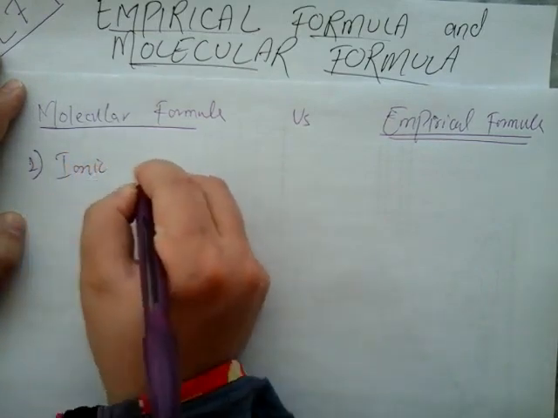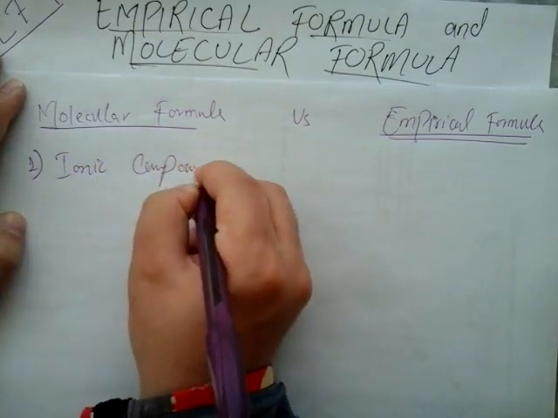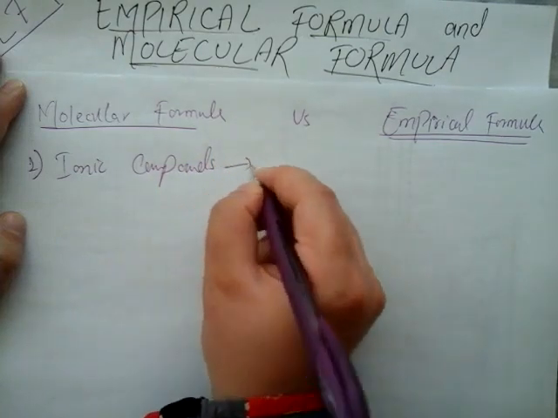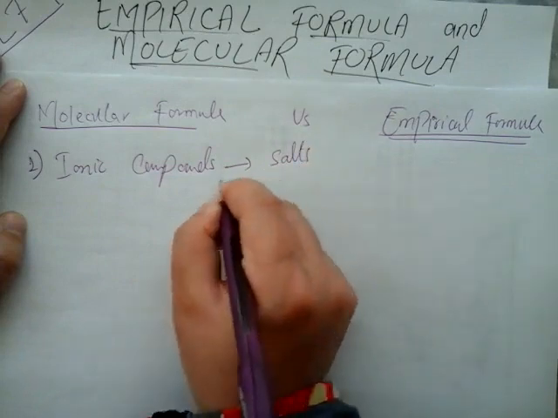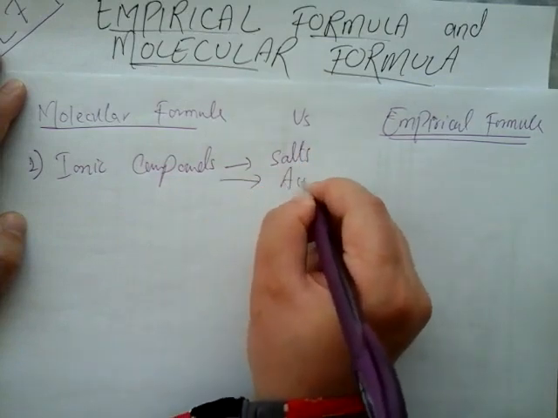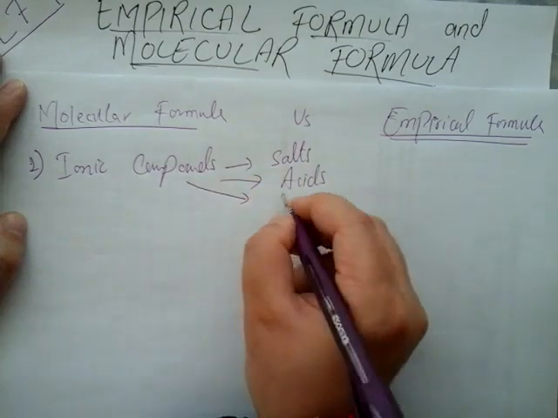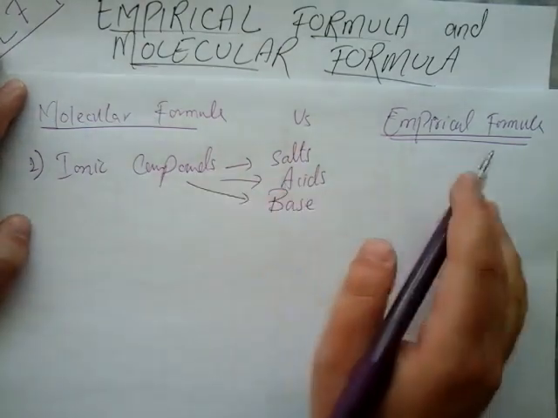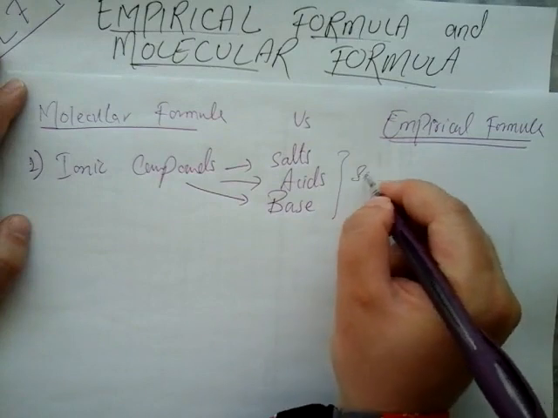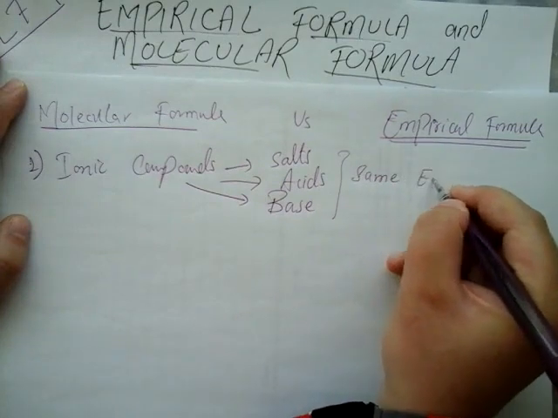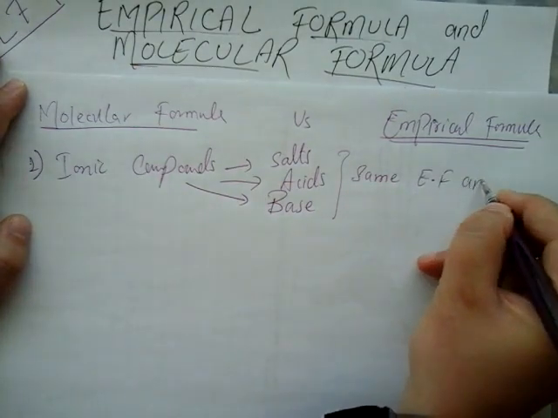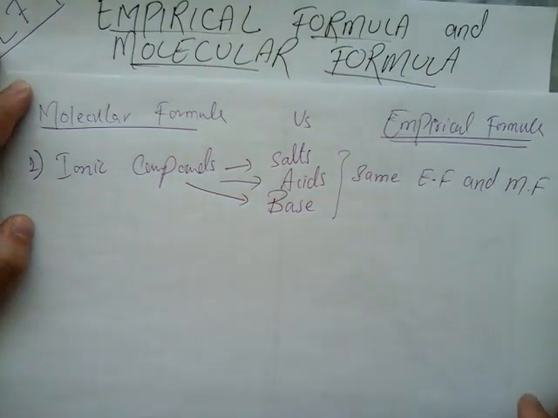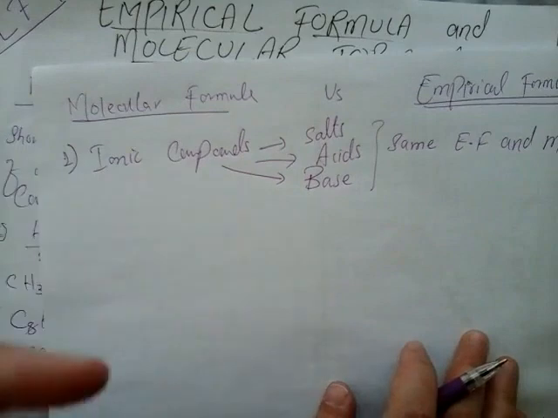All the ionic compounds consist of salts, acids, and bases. Their empirical formula and molecular formula would all be the same. Is that clear?